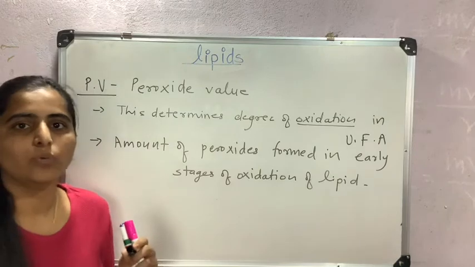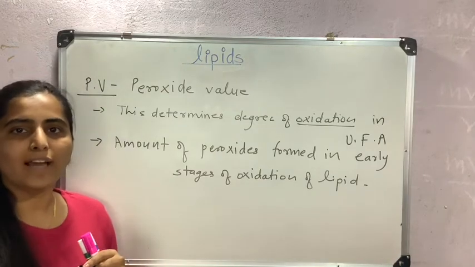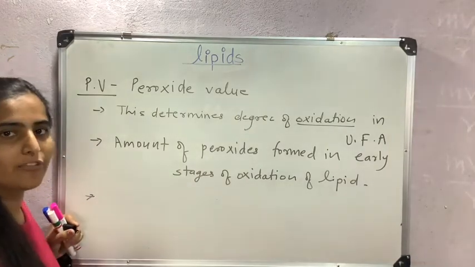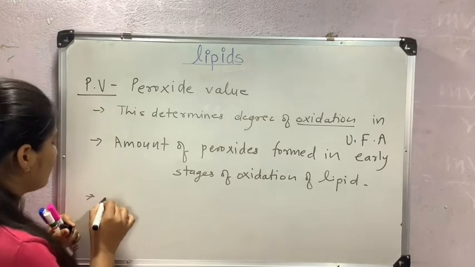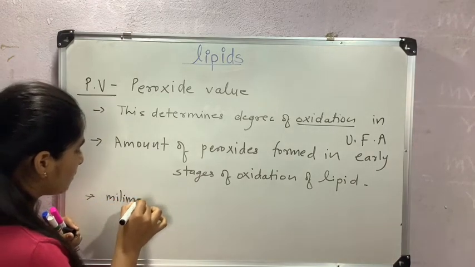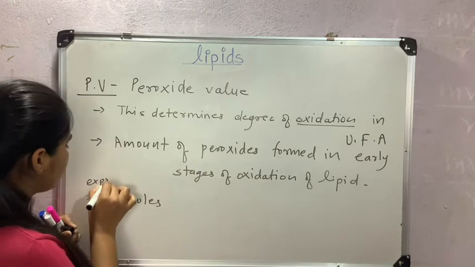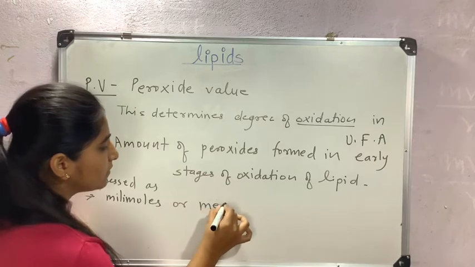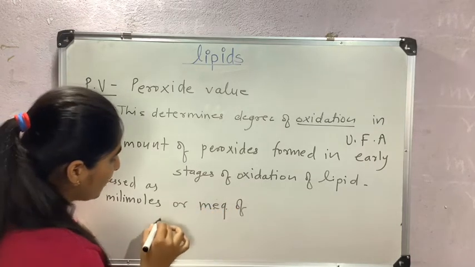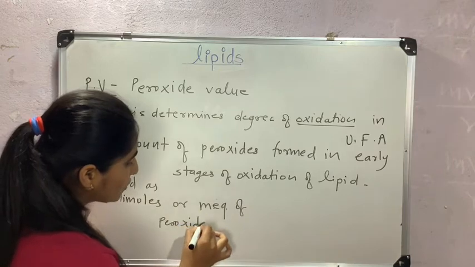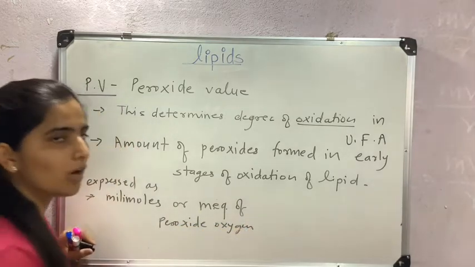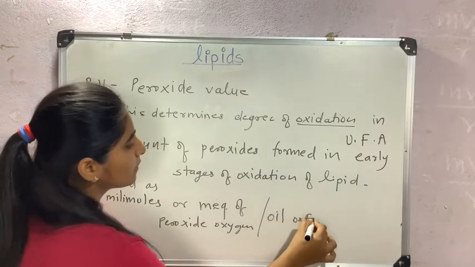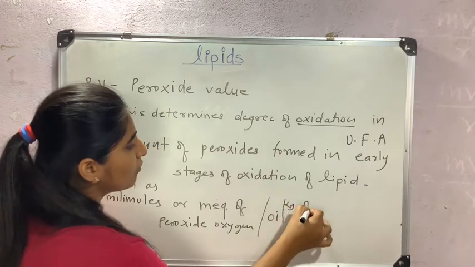This peroxide value is expressed as milliequivalents or millimoles of peroxide oxygen per kg of oil or fat sample.